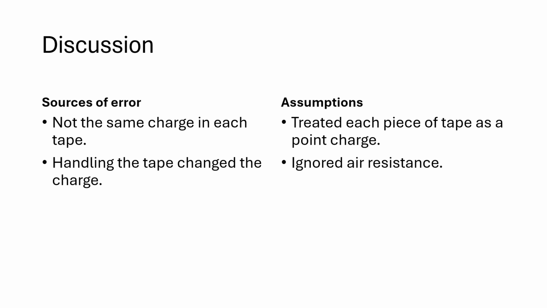The assumptions we made in this lab were that we treated each piece of tape as a point charge, which is obviously not accurate because it's a full piece of tape and not just one individual point like we treated it as. We also ignored air resistance and other outside forces, such as the circulation of air in the room, that would affect the y component.